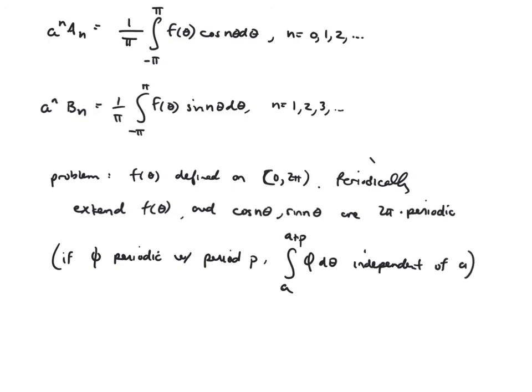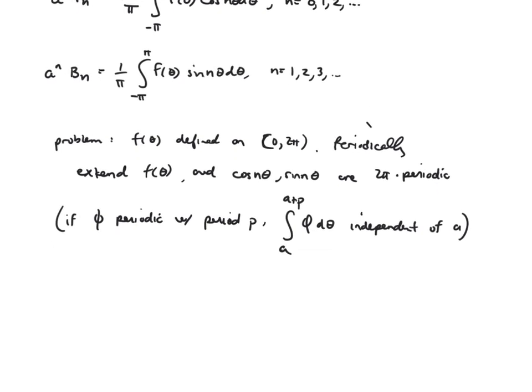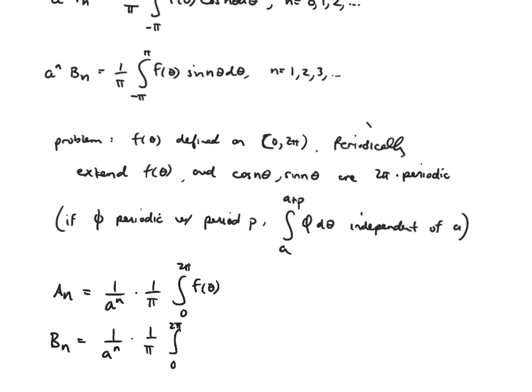Okay? And so that means I can take those terms up there and get a formula for an and bn. I'm going to divide through by that a to the n term in each of them, and then I get 1 over pi in each of them, integral, and then I'll go 0 to 2 pi. There's no problem doing that, as stated above. f of theta cos n theta d theta, f of theta sine n theta d theta.